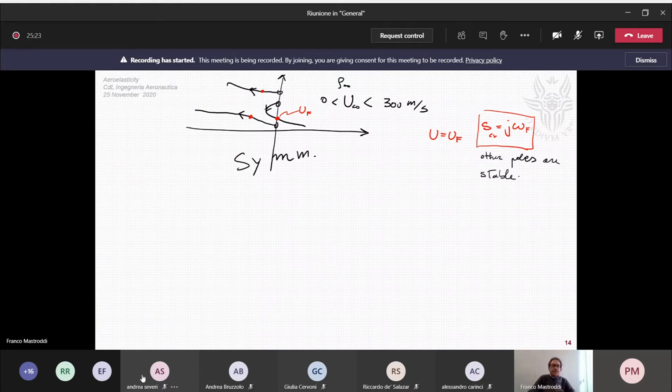Okay, so what about the motion? The free response in flutter condition.